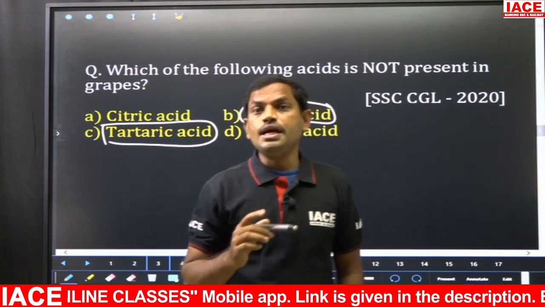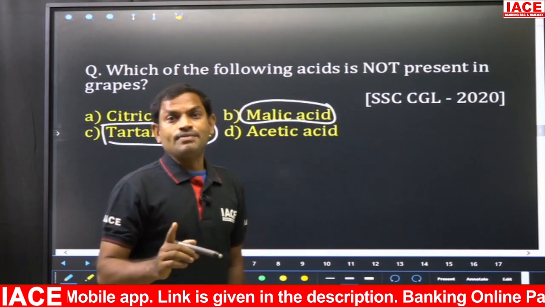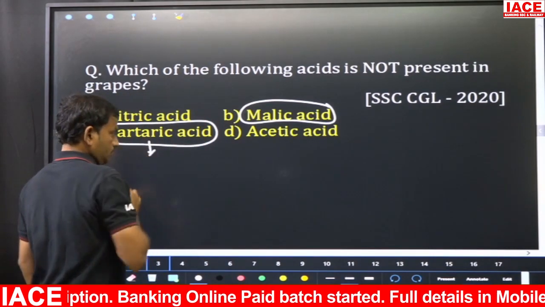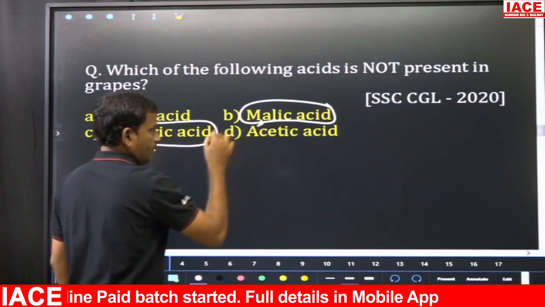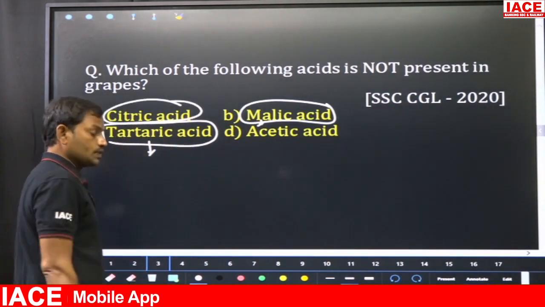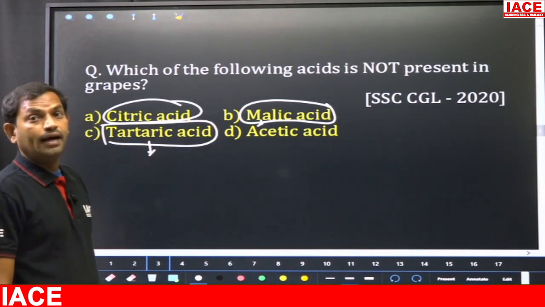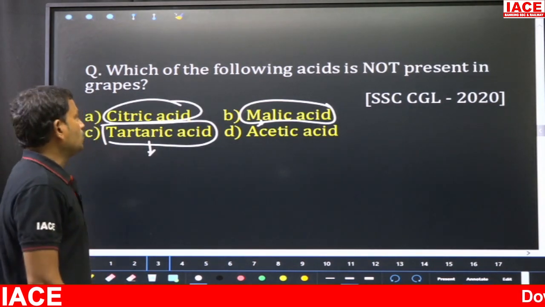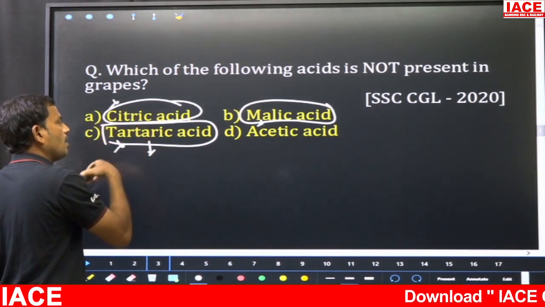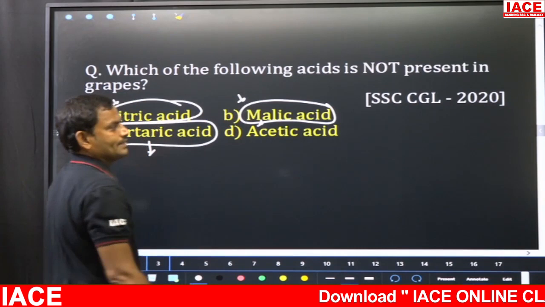Okay, but here 90% of the acids that are present in the grapes constitute this tartaric acid and malic acid. But if we come to the citric acid, a very minute concentration of citric acid is also present in the grapes. Okay. So that's why you should not select either citric acid or tartaric acid or malic acid.